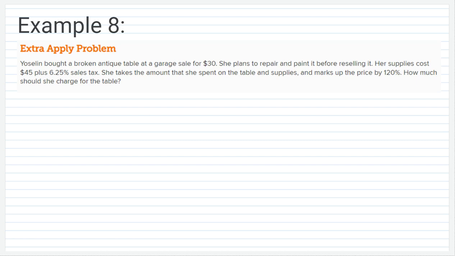So first we're going to figure out how much she spent on the table and supplies. Well, the table we know she spent $30 on. The supplies, she spent $45 plus 6 2/5 percent sales tax. So we're going to actually have to figure out what this is. So we're going to do 45 multiplied by our percent as a decimal, so 625 10,000ths. We also could solve this in one step, but I'm just going to figure out the amount of tax and then add that on to $45.